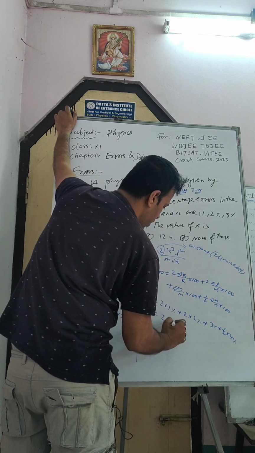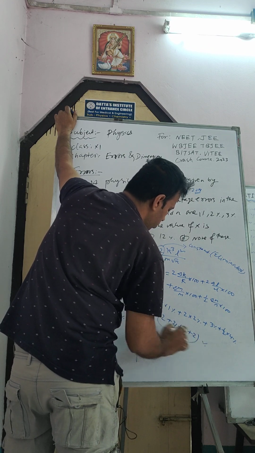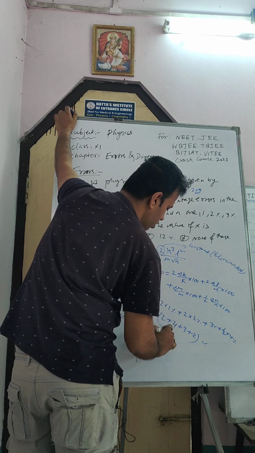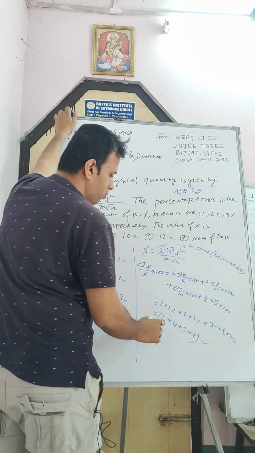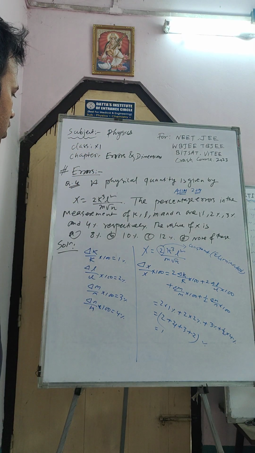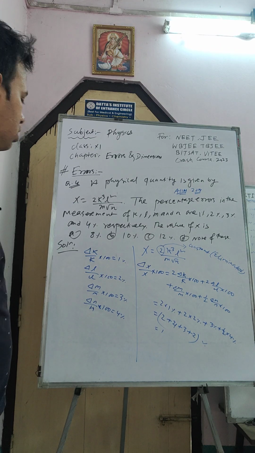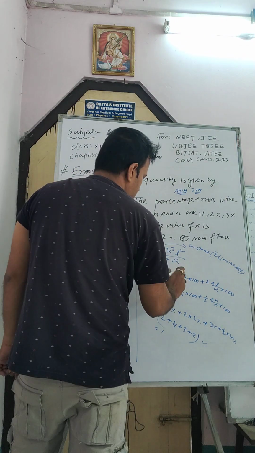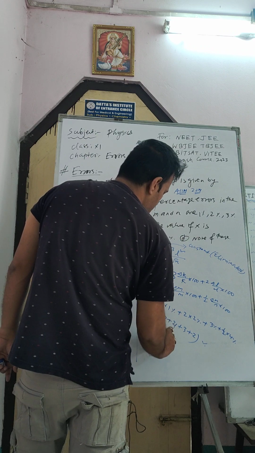It will be 2 plus 4 plus 3 plus 2%. Am I doing anything wrong here? This one is 2, 4, this one is 3. Okay, I did it wrong here. This one will be 3 and this will be 3, so it will be 12%.